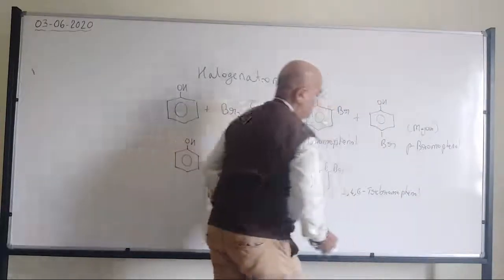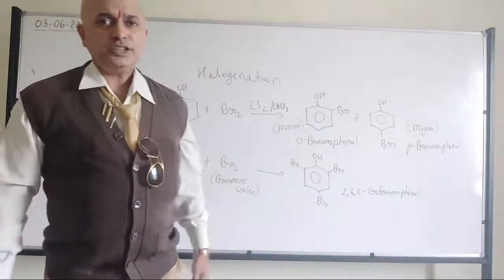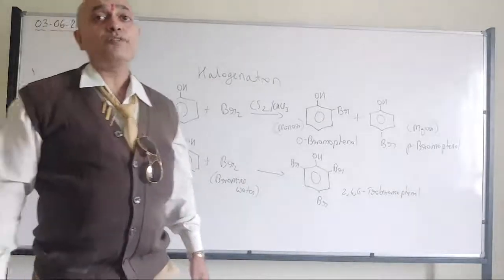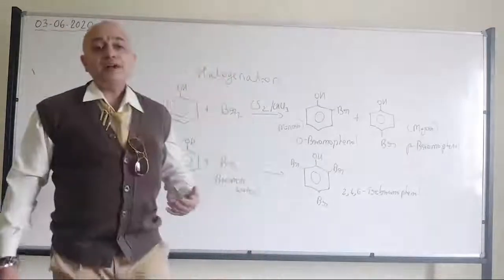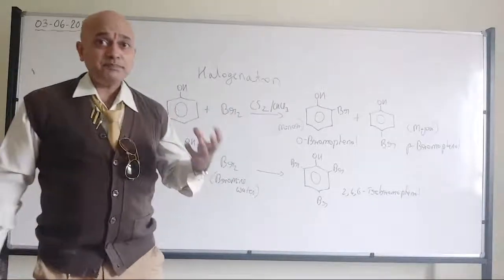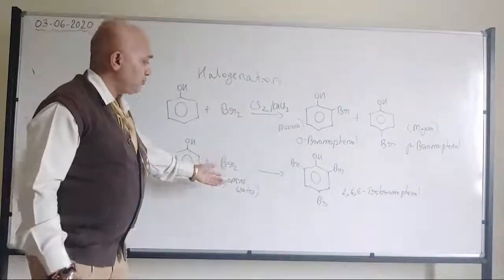That is nothing but 2,4,6-tribromophenol. Right? As picric acid has an orange-yellowish color, 2,4,6-tribromophenol will be white in color. It will get precipitated. It will be insoluble in the solution because we are taking bromine water.